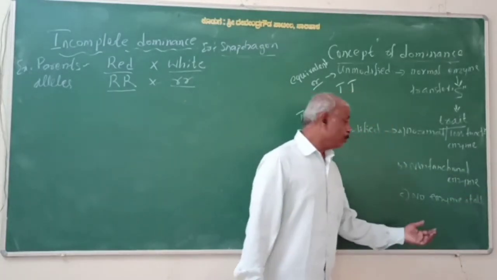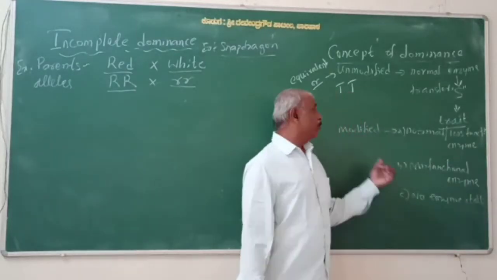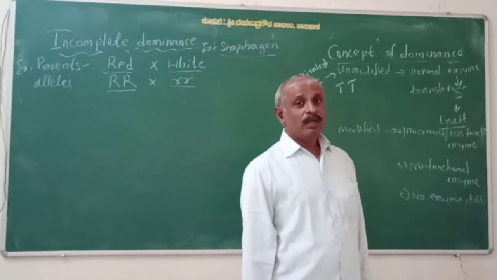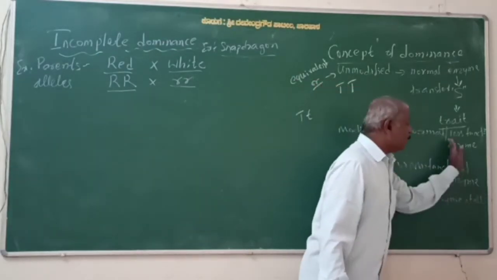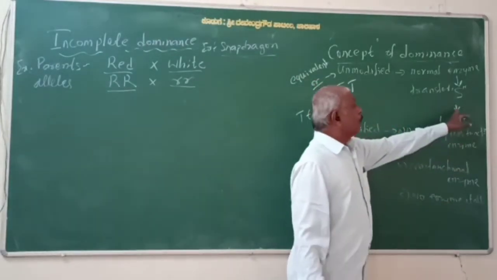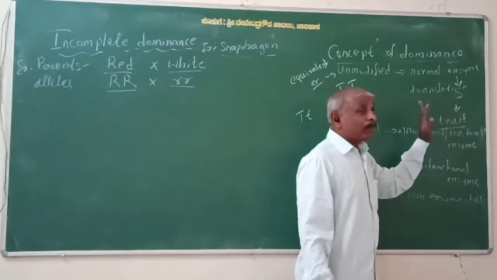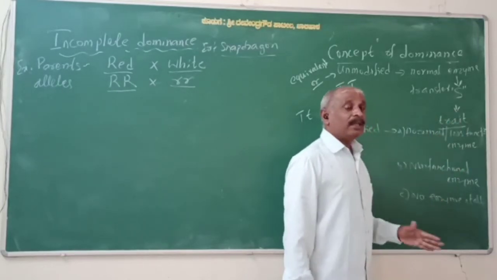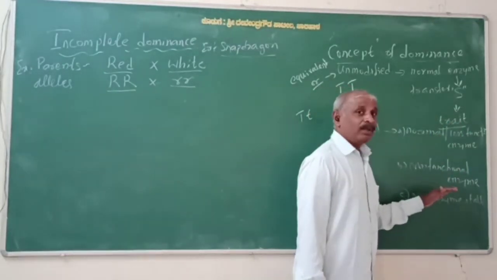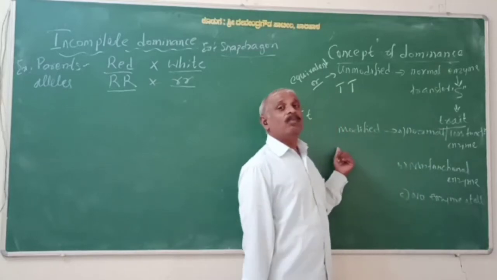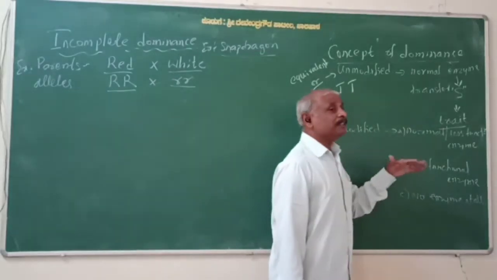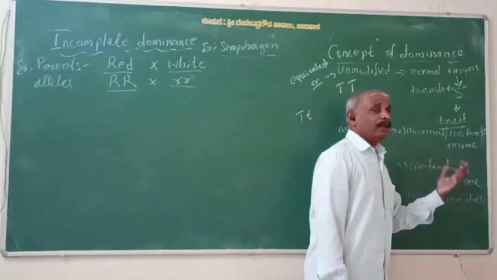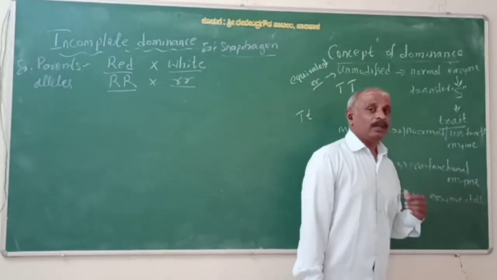Sometimes they cannot produce any enzyme at all. ಈ modified alleles ಗಳು ಯಾವುದೇ enzyme ಅನ್ನು produce ಮಾಡೋದಿಲ್ಲ ಅಂತ ಇಟ್ಕೊಳ್ಳೋಣ. ಹಾಗಾದ್ರೆ when that enzyme is absent, the trait is absent. ಆ trait ಎಕ್ಸ್‌ಪ್ರೆಸ್ ಆಗೋದಿಲ್ಲ, because the enzyme needed to transfer it is not produced by these modified alleles. Hence that trait is not expressing. ಅದು ಎಕ್ಸ್‌ಪ್ರೆಸ್ ಆಗಲಿಕ್ಕೆ ಆಗೋದೇ ಇಲ್ಲ.